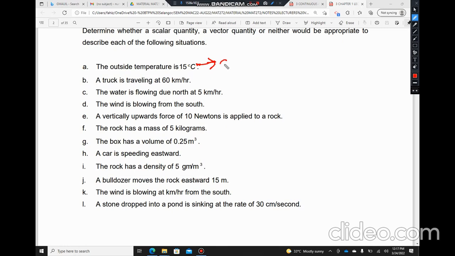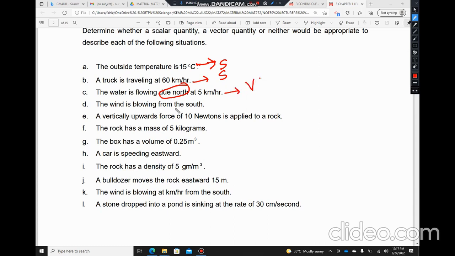Yang ni cuma scalar. A truck is travelling at 60 km per hour. This one also scalar. The water is flowing due north at 5 km per hour. Due north, so this one is a vector.